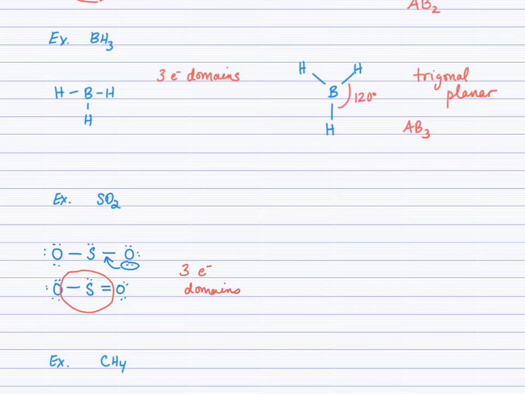So we think just like the previous example, the 3 electron domains will arrange themselves 120 degrees apart. Well, almost. We have a lone pair in place of a bonded pair.